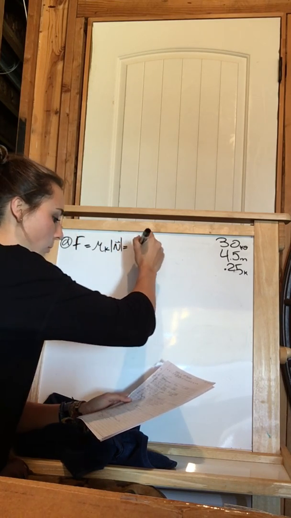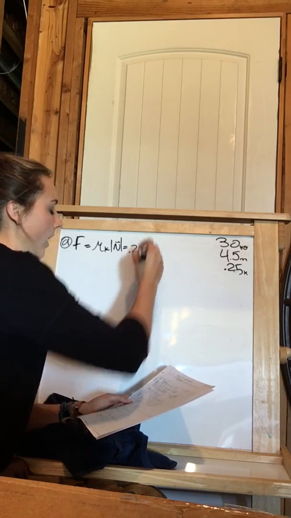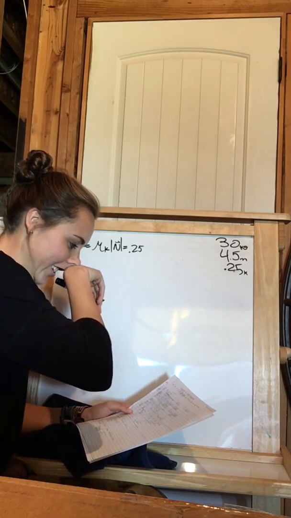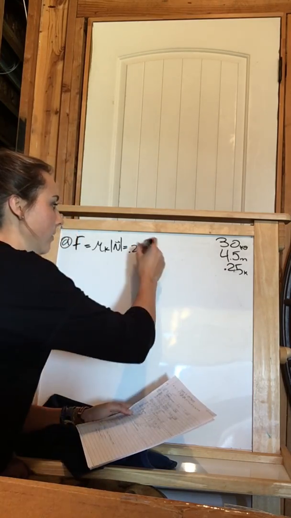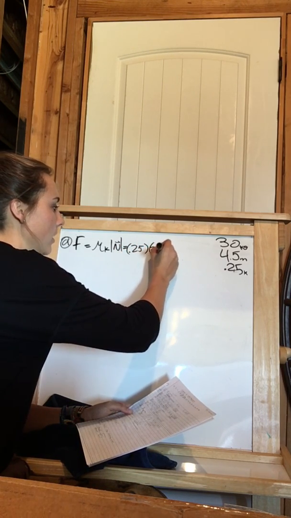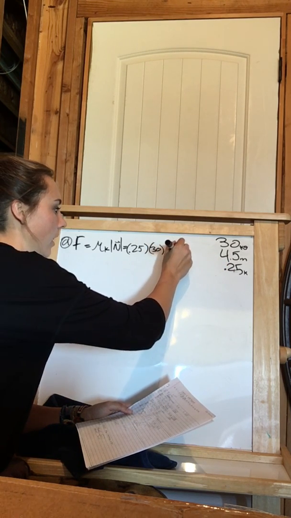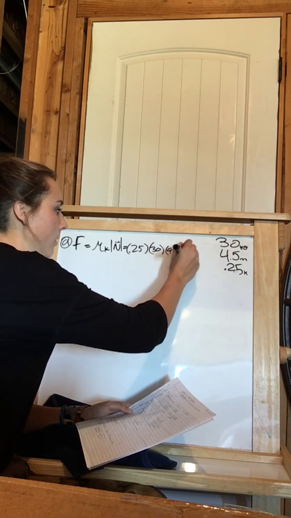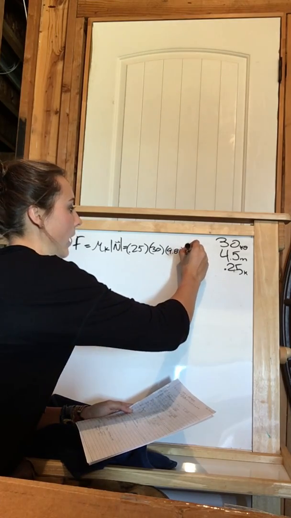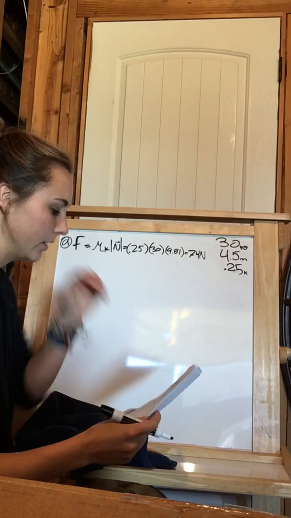That's going to equal 0.25, that was our friction coefficient. And then the normal force is just going to be gravity times the mass of the object. The mass is 30, and gravity is 9.81. And that's going to give us, once we round to sig figs, 74 newtons.